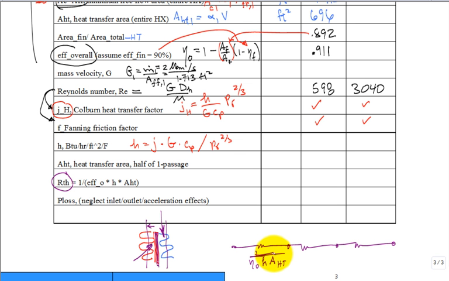But be careful because half of it's going in one side. So you find the area heat transfer for all of the fluid 1 sees, divided by the number of passages, now I have it for a passage. Divided by 2, now I have it for 1/2 of that passage.